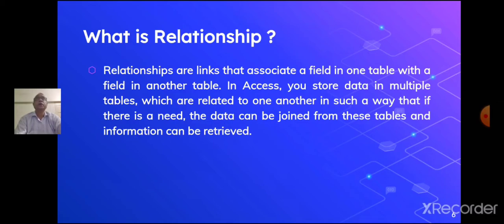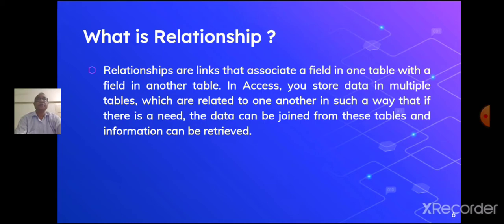In Access, you store data in multiple tables which are related to one another in such a way that if there is a need, the data can be joined from these tables and information can be retrieved. A relationship works by matching a field with the same name in both tables.